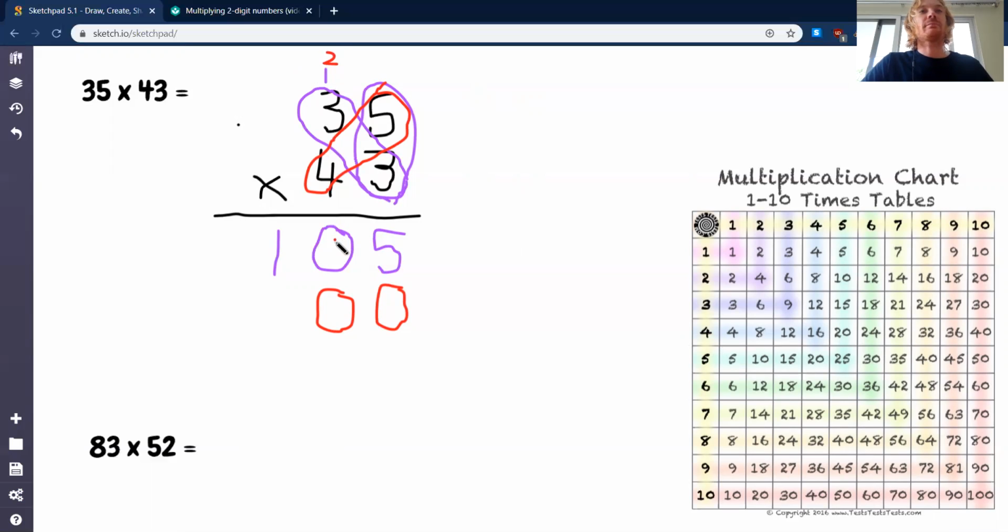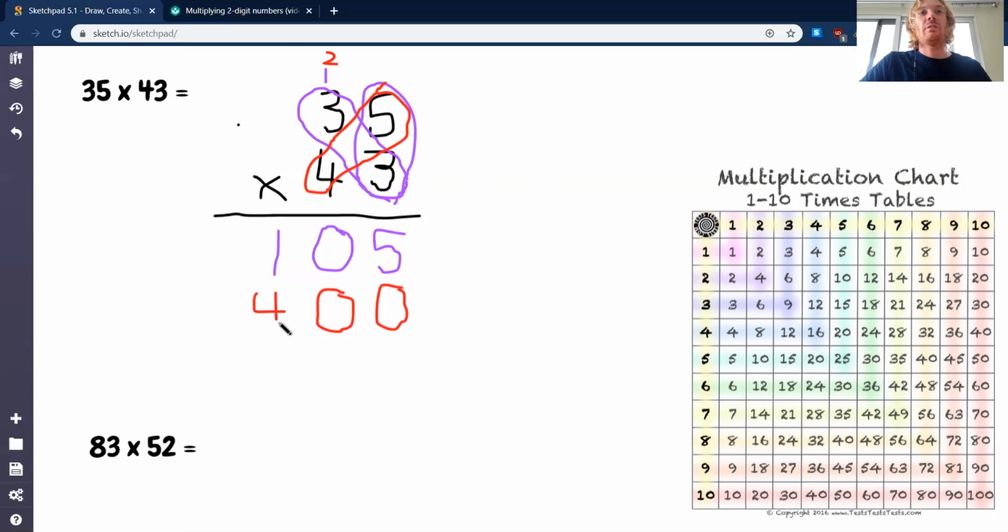There's my 2. And now I need to do 4 times 3. 4 lots of 3, 4 threes is 12. I can check it over here. 4 lots of 3 is 12. Then I need to add the 2 on as well. So 12 plus 2 is 14. Okay, and now I can write my answer in.